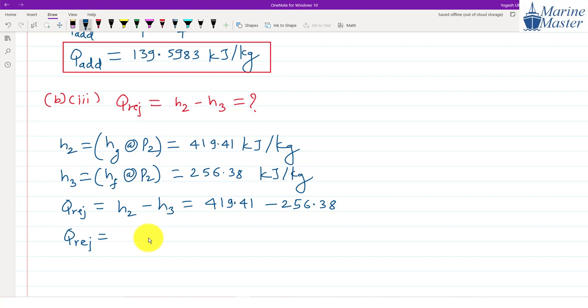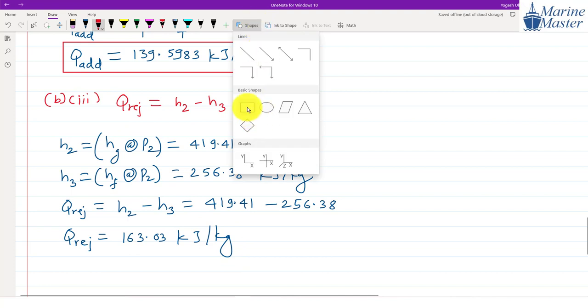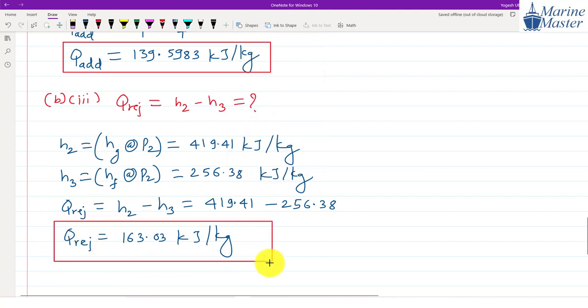If you do the calculation, we get Q rejection as 163.03 kilojoule per kg. That is our B's third part answer, guys. So before going further, please everyone write down this discussion.